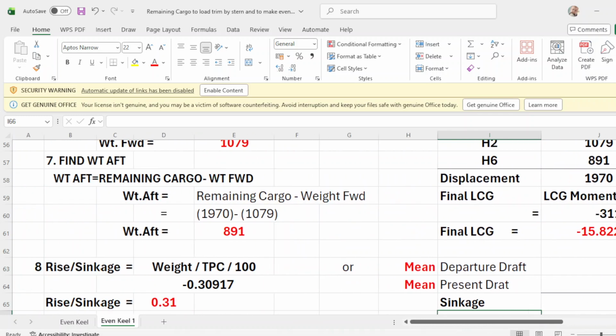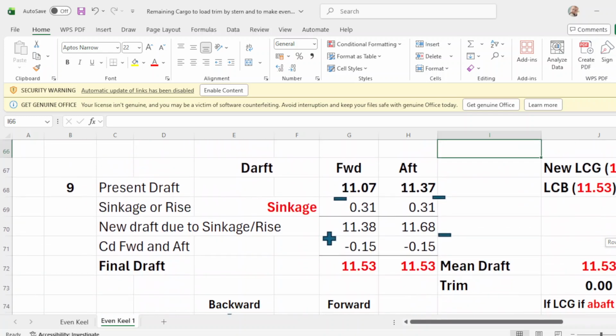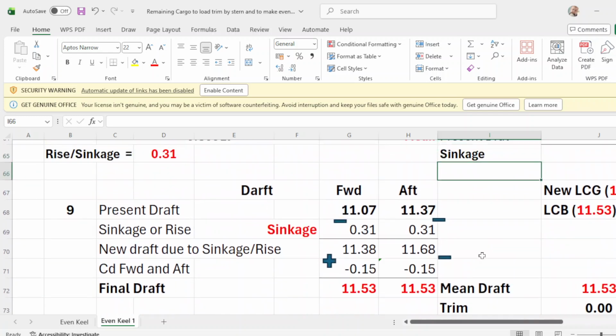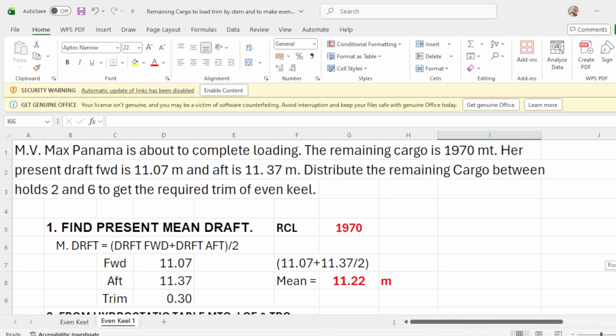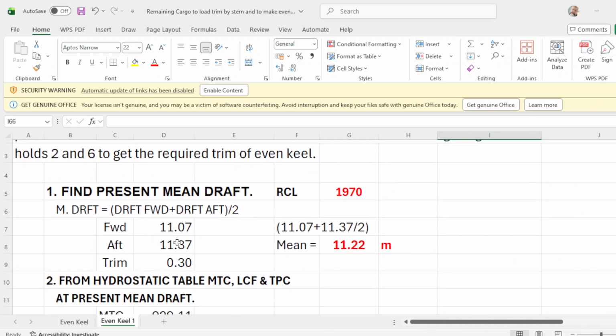Okay. Now apply your drop. Forward drop is 11.07, aft drop is 11.37. Okay. Which is this one, your initial drop of forward 11.07 and aft drop is 11.37.